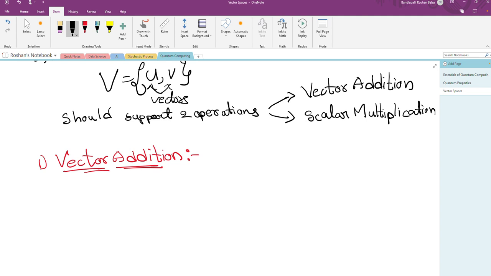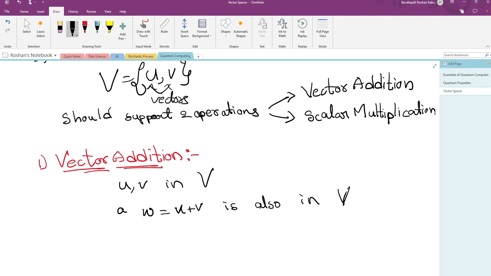Okay, what is a vector addition? Suppose we have two vectors u comma v in our vector space capital V, such that a new vector w, where w means u plus v, is also present in our vector space.